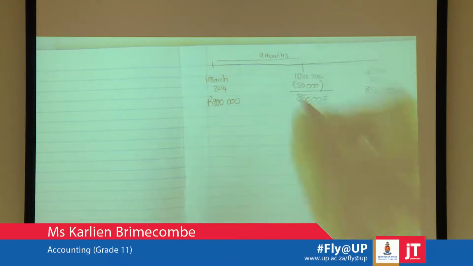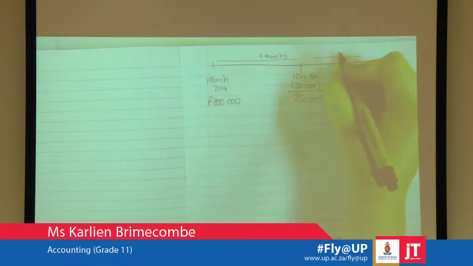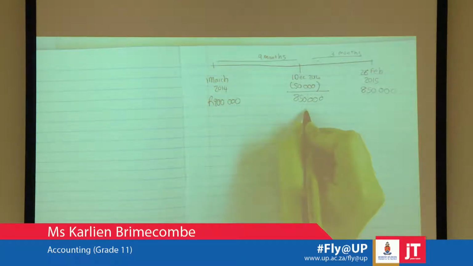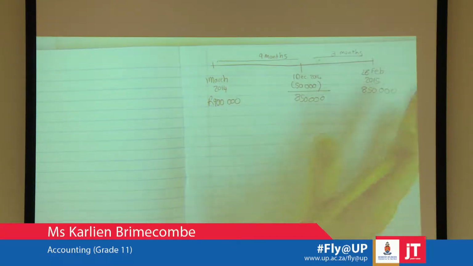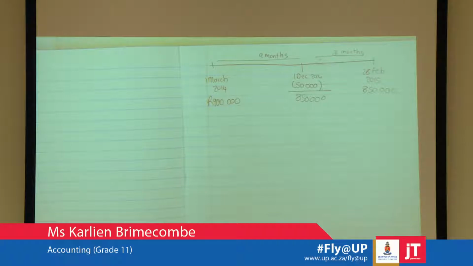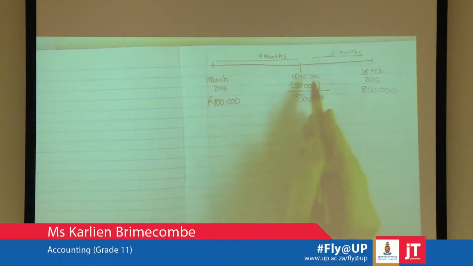So it means for 3 months, it should be calculated on 850,000. Okay, be careful with this type of transaction adjustment where capital was taken or capital was contributed and it has been recorded, because it has an impact on the interest on capital.